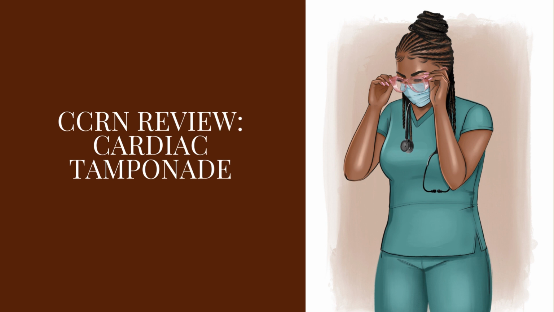Now add that to increased pressure when the patient takes in a breath. There's now increased pressure in the heart that's further restricting the heart from pumping as it should. This is where we get this drop in systolic blood pressure during inspiration when the patient has cardiac tamponade. So those are the two things you need to know for the CCRN exam.